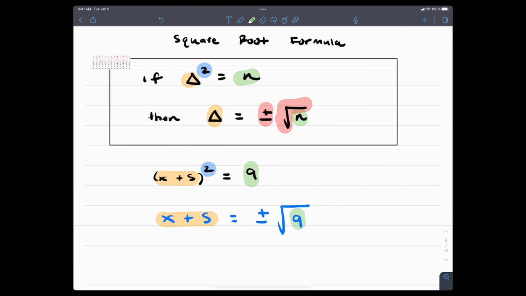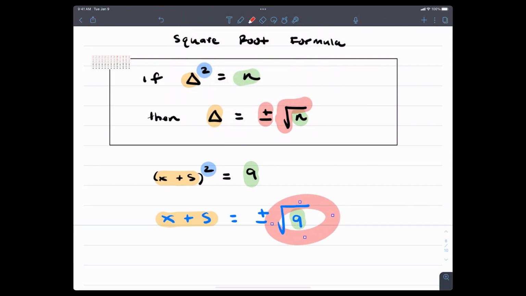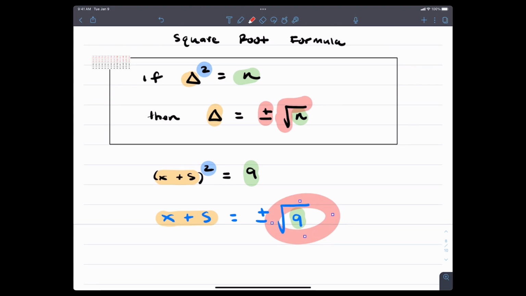So double check here. Remember that list that's on the refrigerator? Is that still there? I hope that list is still there. Remember, I said this from the beginning: you got to know how to take square roots, how to simplify radicals. You're going to see it over and over and over again. So you want to generate that perfect square list for yourself. And what's the square root of 9 going to be?